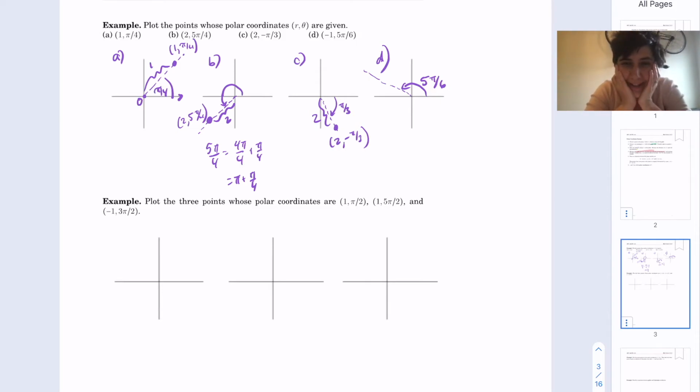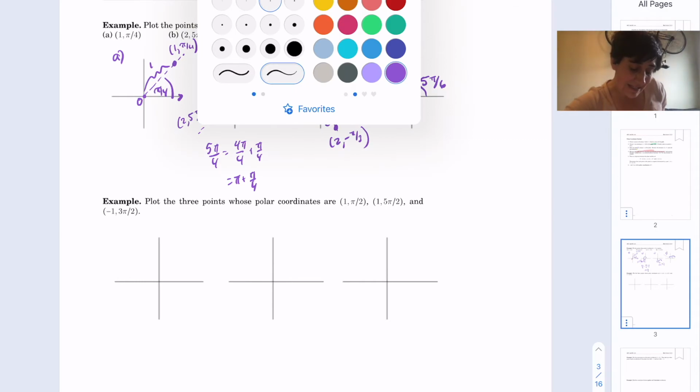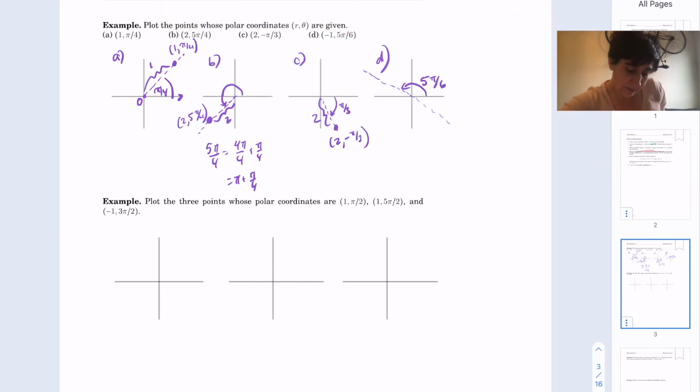But what about the negative? Well, we need a convention. Basically what's going to happen is we're going to throw it to the other side of this exact same line. We're just going to extend our line through the pole down to that fourth quadrant, and look one distance away over here.